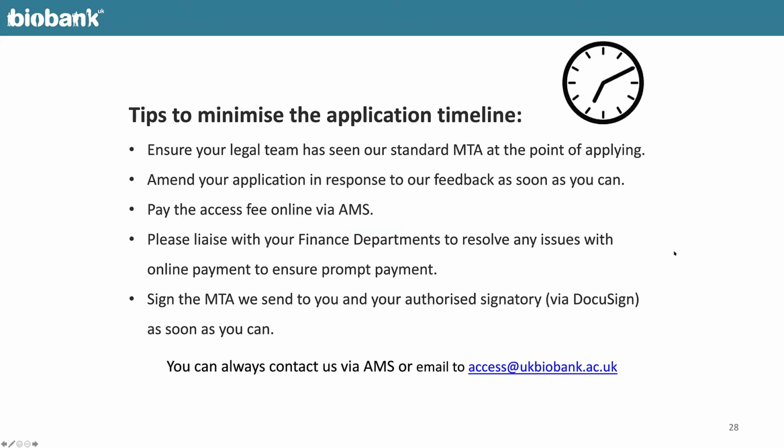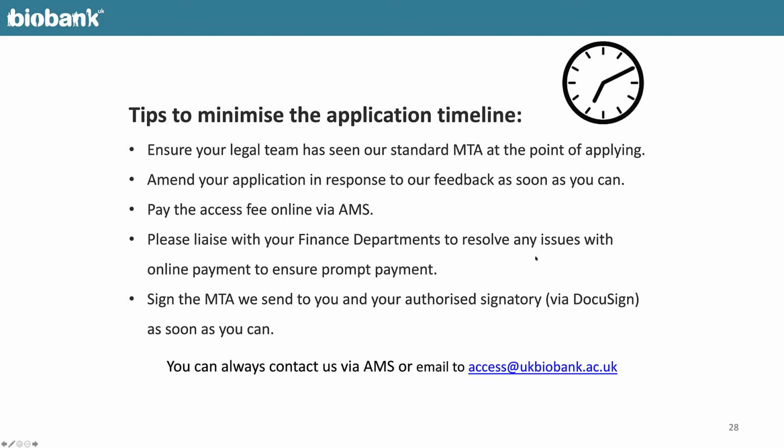However, if you are having any issues with that, we ask that you firstly liaise with your finance departments to see if they're able to help you resolve these issues to ensure prompt payment, and that you sign the MTA when we send it to you, and your authorised signatory as soon as possible. We are now using the DocuSign system, which makes it very quick and easy for you to complete. But that's usually the key stumbling block for researchers applying for our data: delays in signing MTAs.